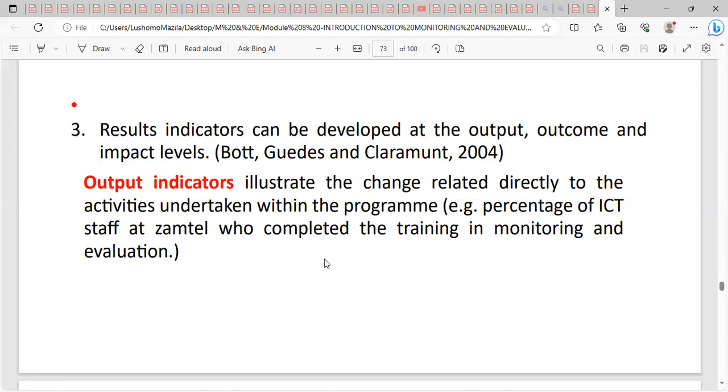So the percentage. Do you know how to find the percentage? The percentage is found by calculating the total number of people.